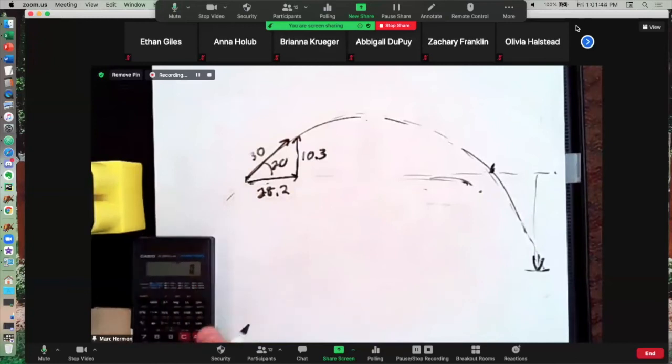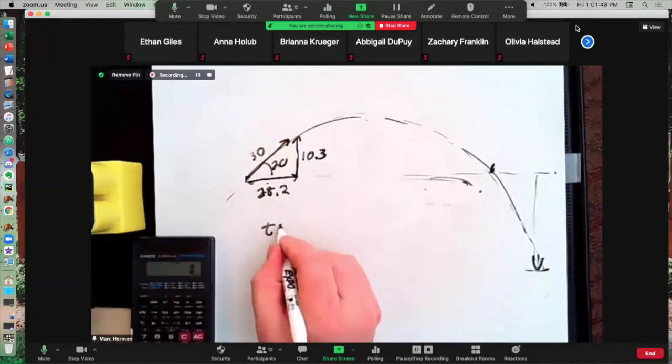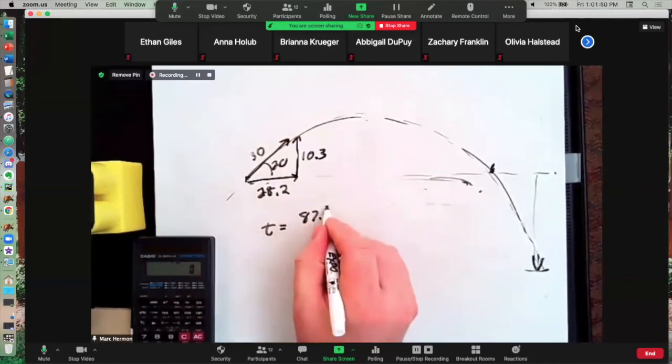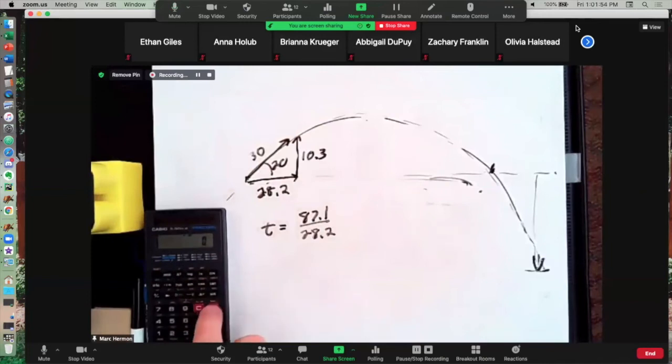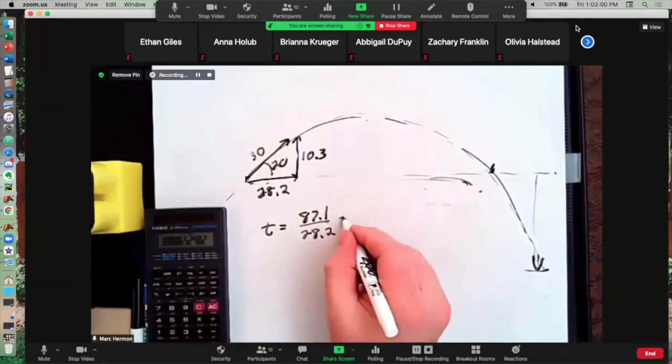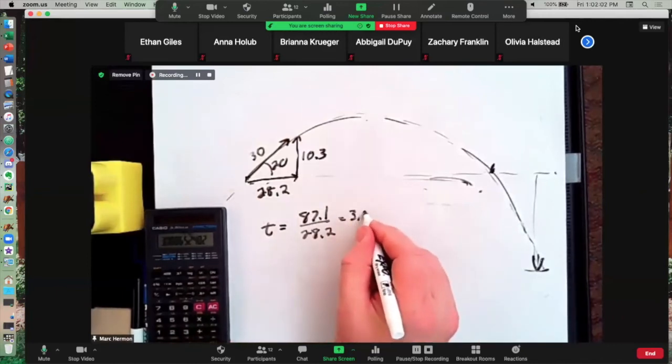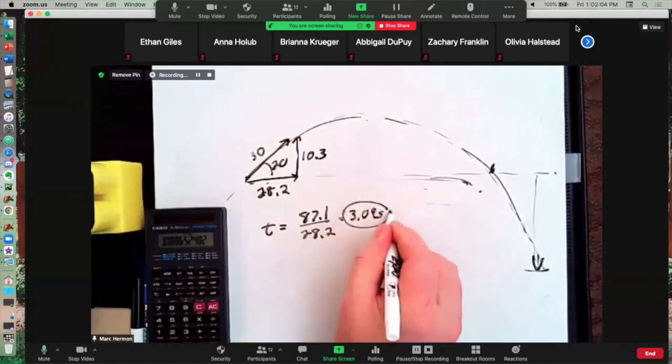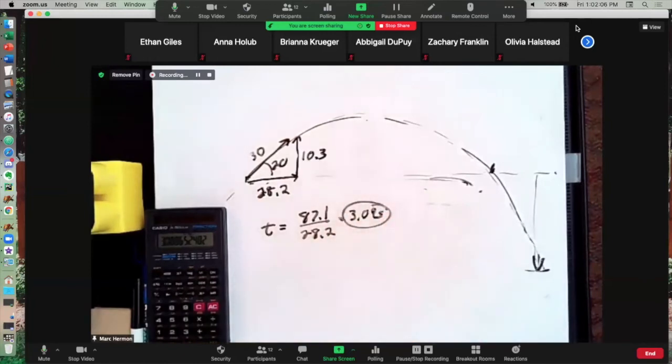The range was still what, 87.1? So I'm going to go ahead and cheat and still figure out the time by doing 87.1 divided by 28.2. And it was 3.09 seconds. That makes much more sense because that's kind of what it showed me it was.